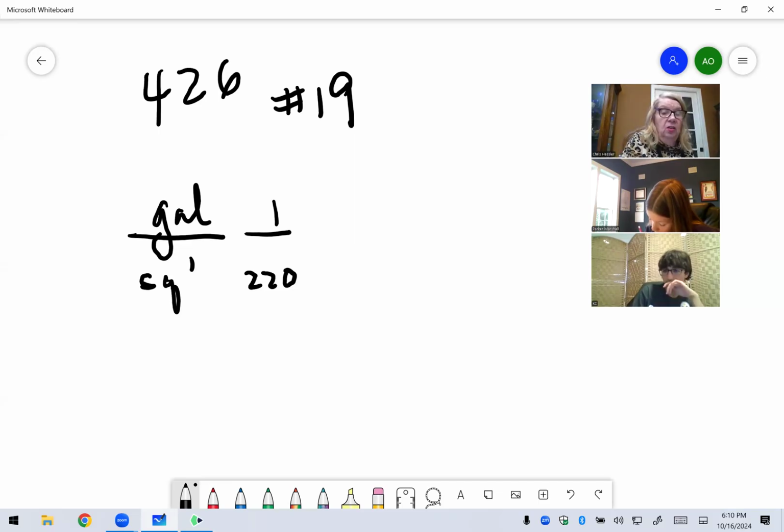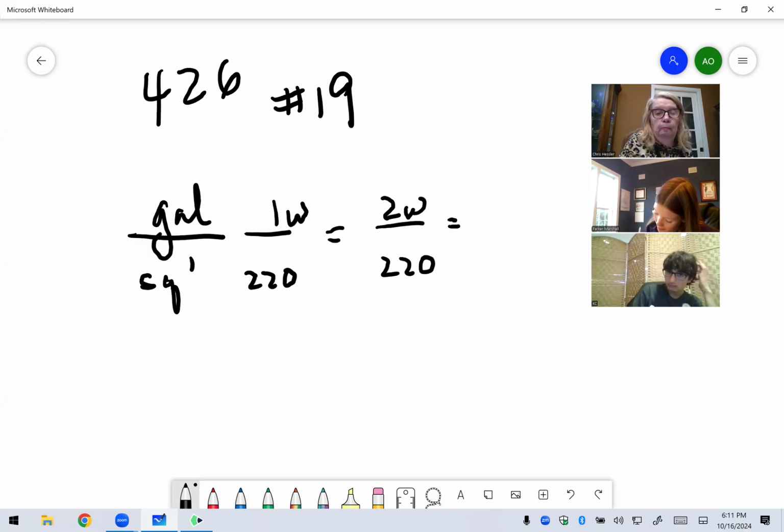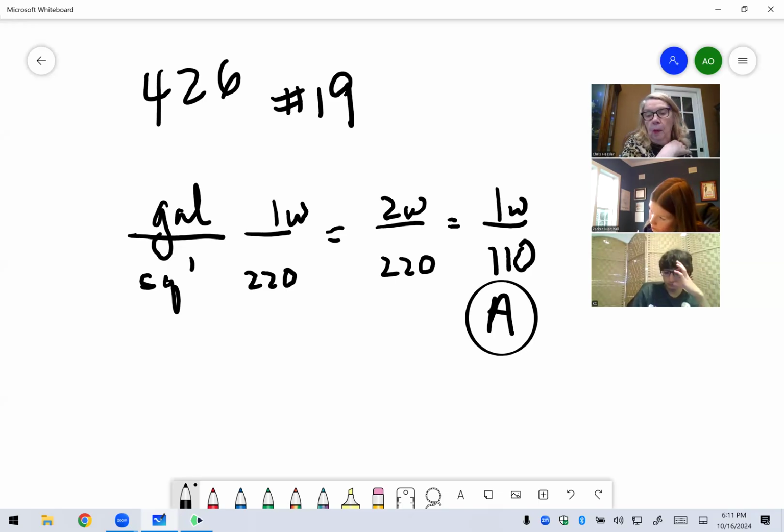Okay, so if 1 gallon is 220 square feet, and we're trying to do it twice, it's 2W over 220. And then you reduce it to W over 110, which is A. Does that sort of make sense?